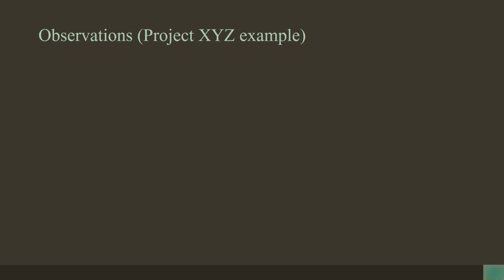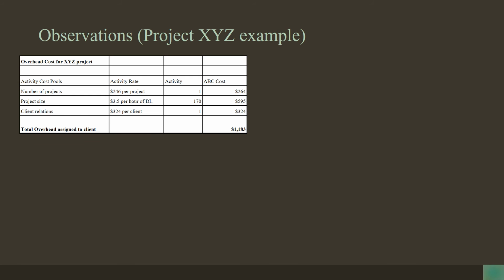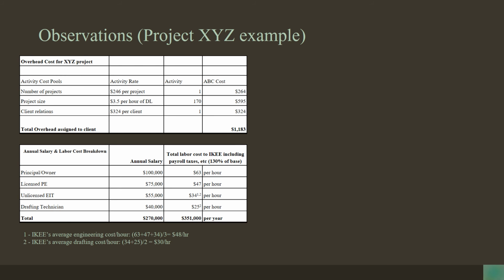So this is an example from our project going through the break-even analysis on project XYZ. These are the activity rates for this project size and for this project. That's 170 hours, 100 of which are engineering hours and 70 of which are drafting hours. On the bottom left are the labor rate cost assumptions that we used.